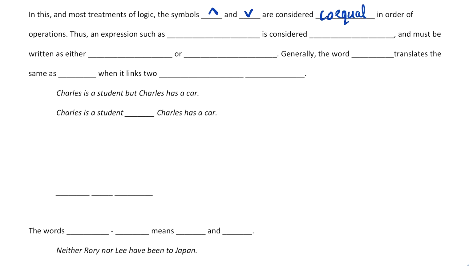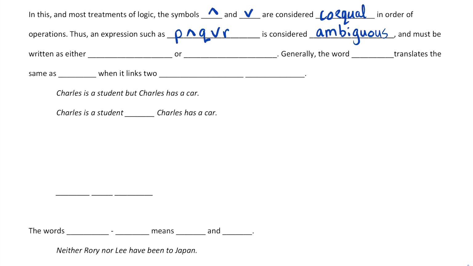So an expression like this is considered ambiguous, because if they're co-equal, then there's no working from left to right; once you're on the same level, like with addition, you're going to have to choose groupings, all right?